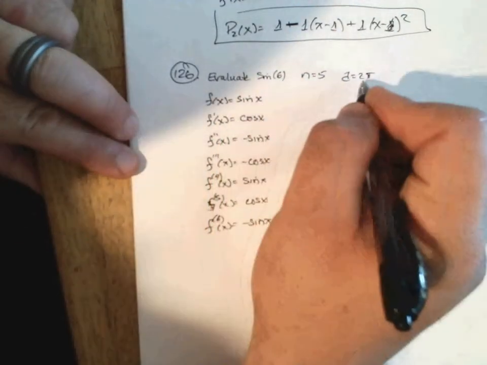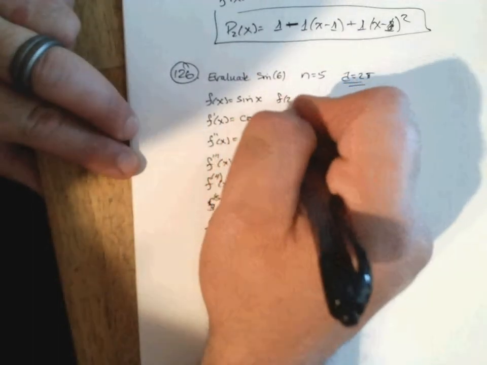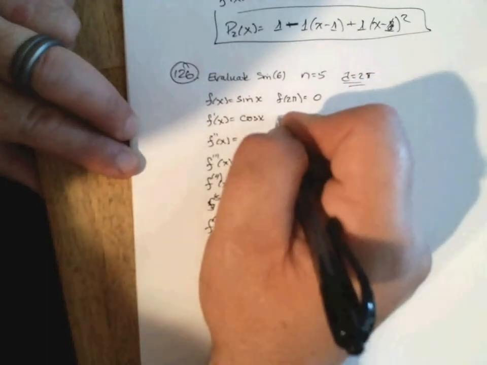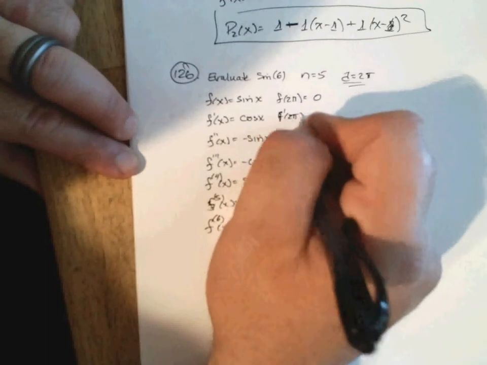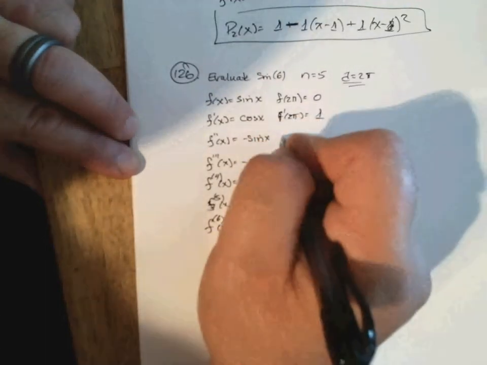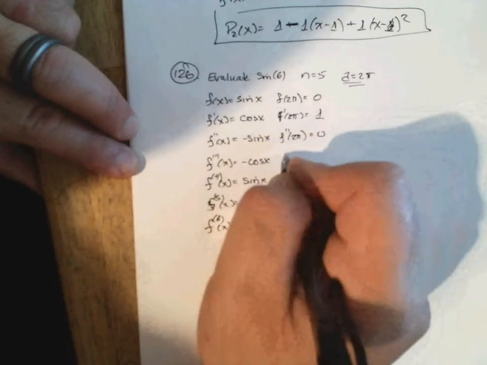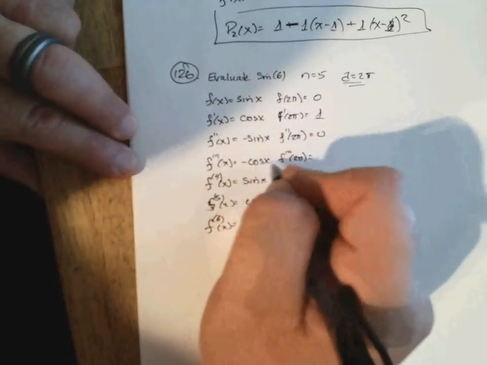Okay? All right, now evaluate these at 2 pi. That's the center that we're using. Sine of 2 pi is 0. Cosine of 2 pi is 1. Negative sine of 2 pi is 0.